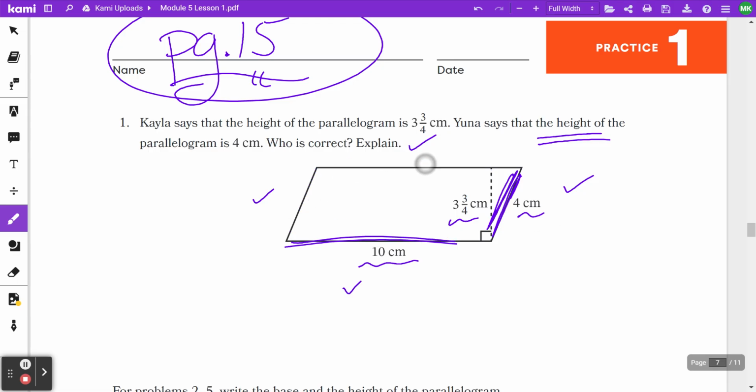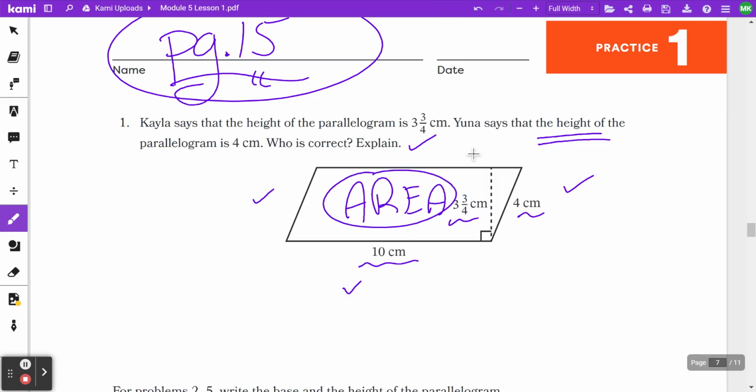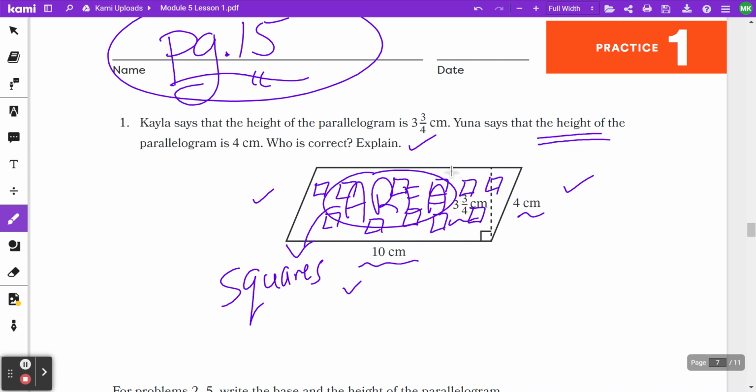Okay, so once we have that basis down, what we're looking for here is the area. What is the space inside? Now, area is always measured in squares. In other words, how many squares fit in this shape if we were to fill it up with squares that are all exactly the same size?